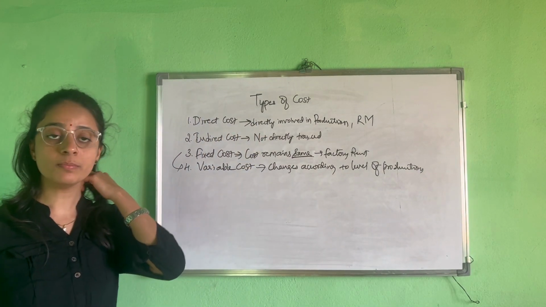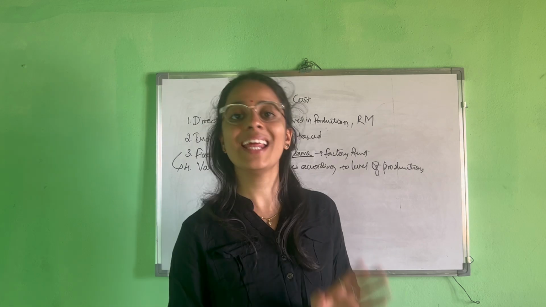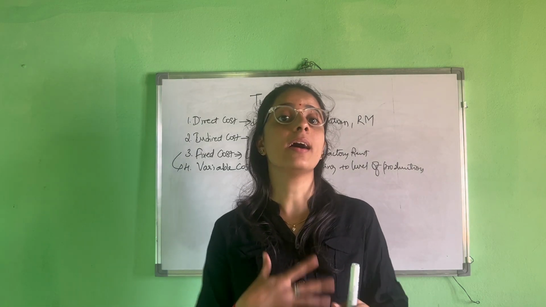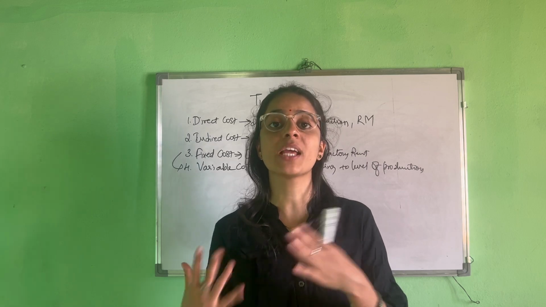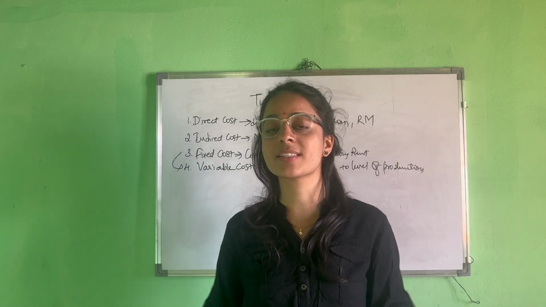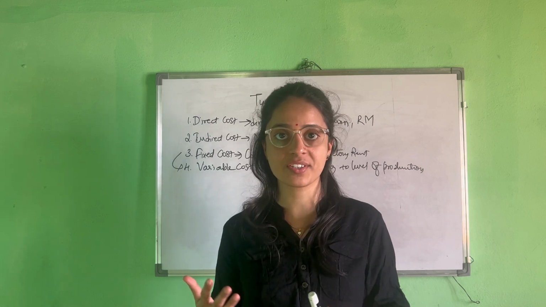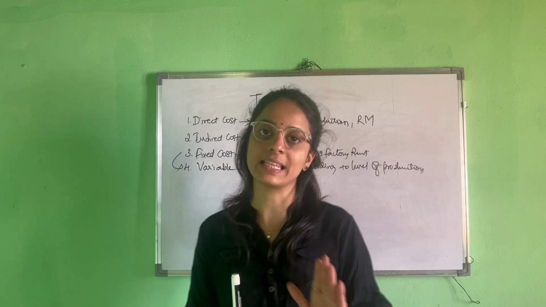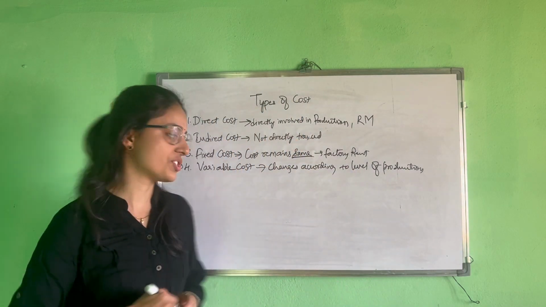For example, we can take here electricity. Now, if you're producing 10 units, the cost is different. If you're producing 100, there is a difference: more electricity, more power usage, so the cost is different. It changes according to the level of production, which is nothing but variable cost.